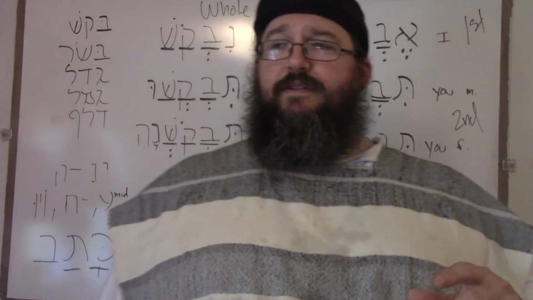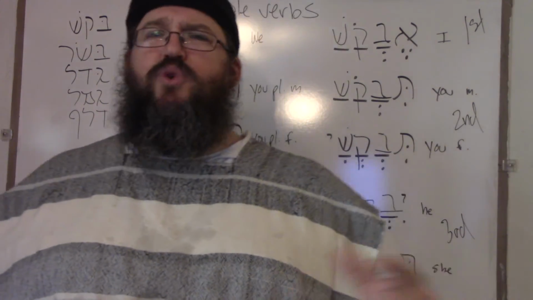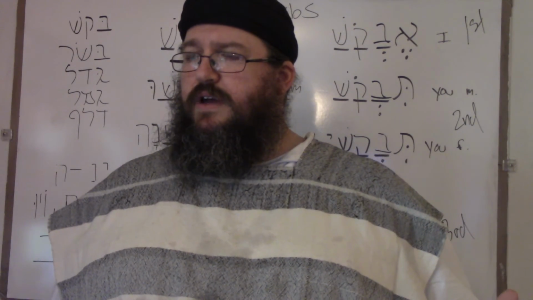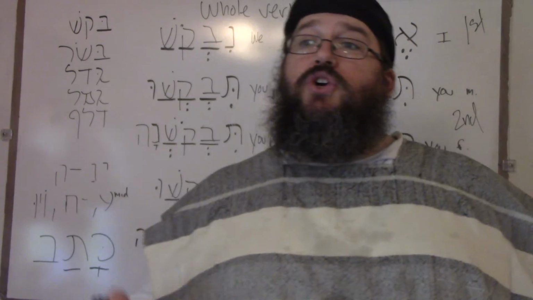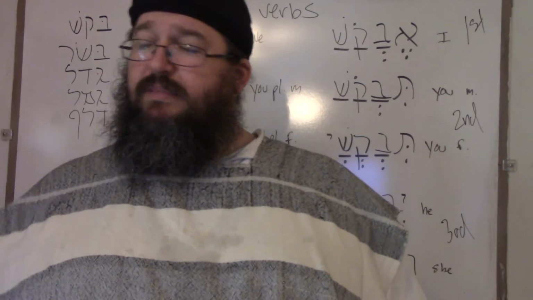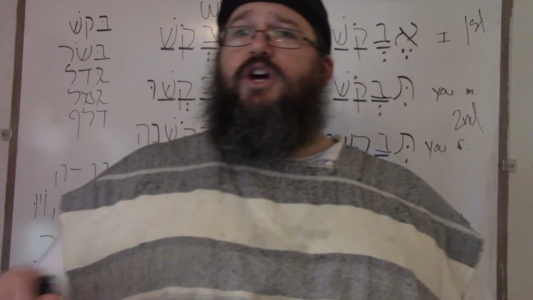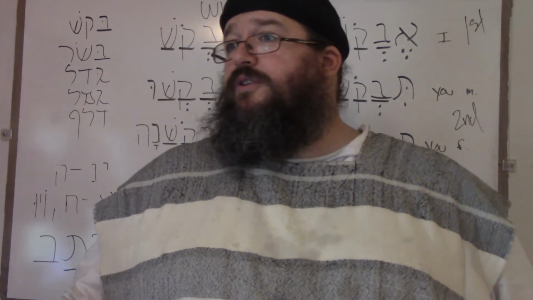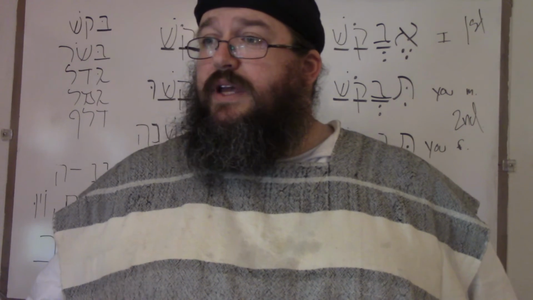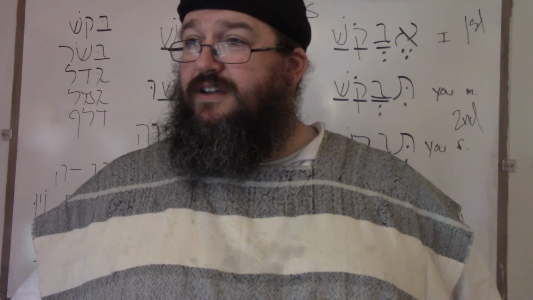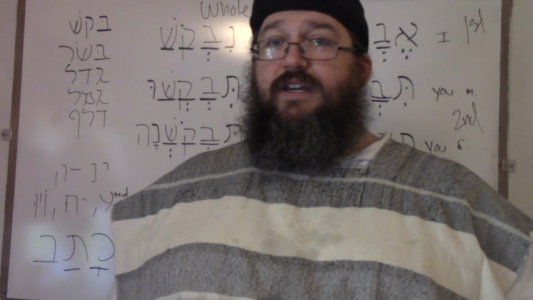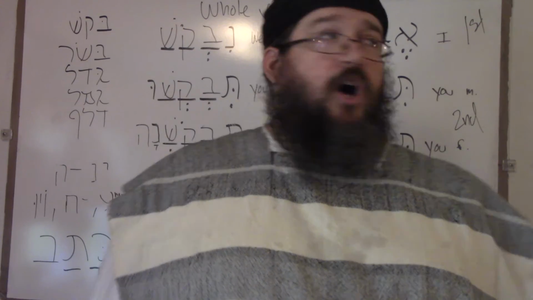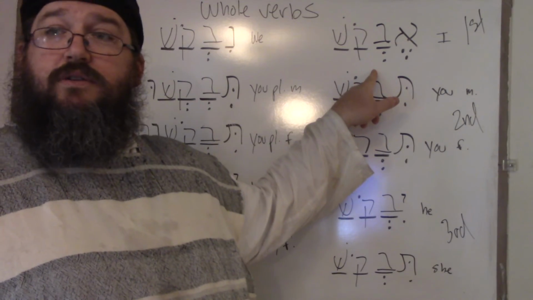Now I want to teach you something about future. We're going to learn a little bit about mood. What is mood? Mood is the expression of possibility. For example, if I said, I could have studied, but I didn't. Could is a mood form verb that we have in English. In Hebrew, there is no such thing. Mood is defined by context. So if I wanted to say, I could seek out, all I would say is evkosh.